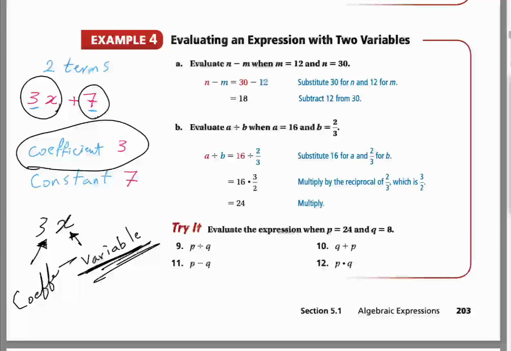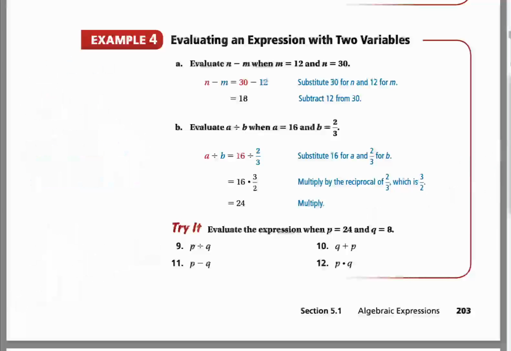So, let me ask another question. If you have 3 times t times t, how can I write this using exponents? Anyone? 3t2?